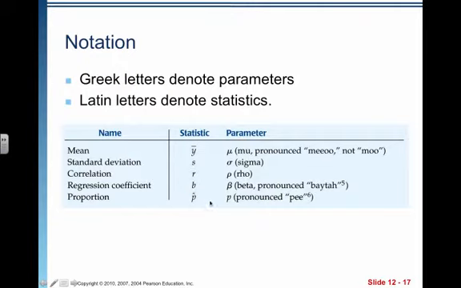Where our book and many people differentiate from this pattern of Greek letters and Latin letters is with the parameter for proportion. If we followed suit, and some books do, we would have pi for our parameter, but we don't. We have P, just the regular letter P, because in math circles, pi is that lovely irrational number related to circles.